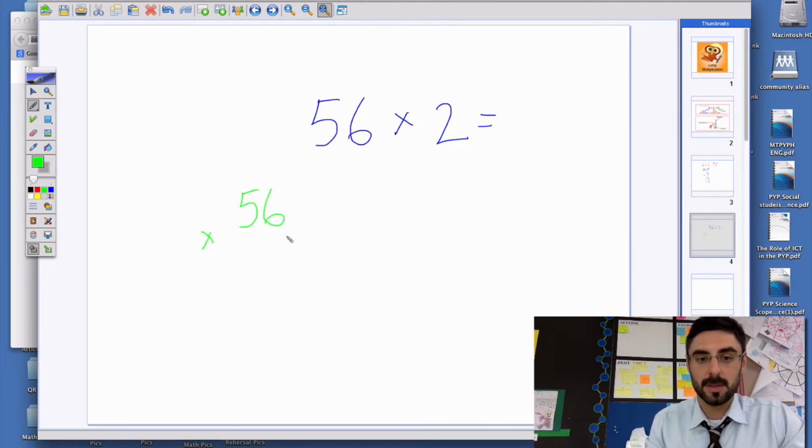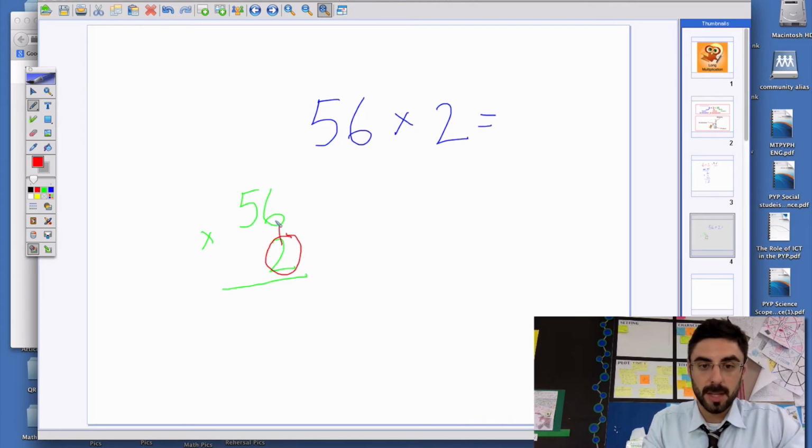56 times 2. Okay, I put the ones under the ones and the tens in the tens column. So now I start with this 2, and I multiply this 2 first into the 6, and then later I'm going to multiply it into the 5, okay? So 2 times 6 is 12, good. 1 does not go here, it goes on top, because I still have to multiply this 2 into the 5.